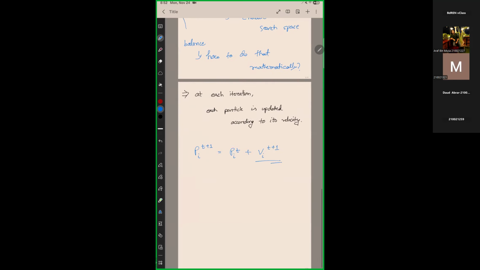Now the question is, what is this one? This one, velocity, is dominated by 3 factors. Okay. What are those factors?